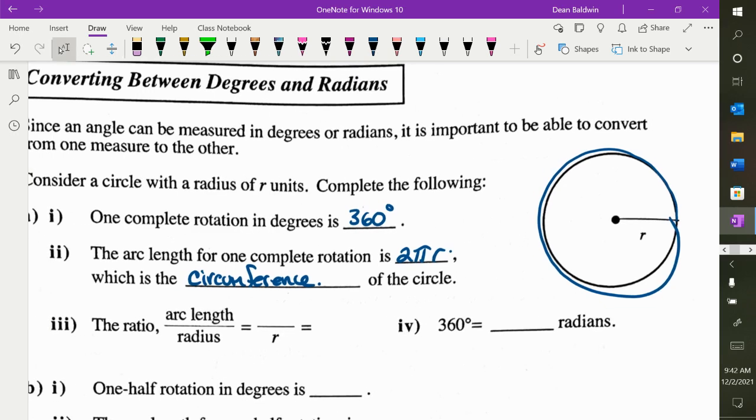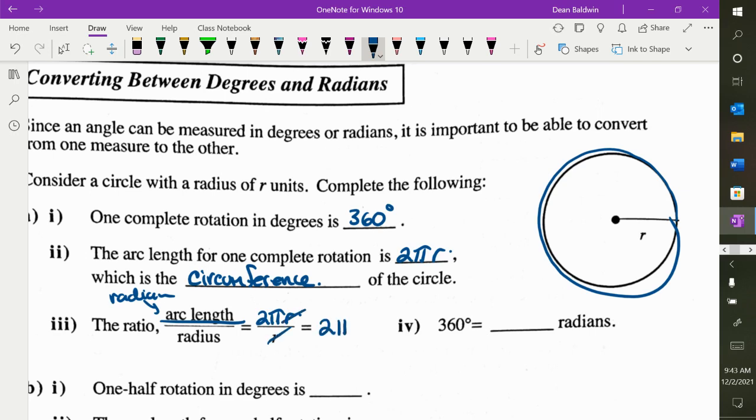We know that a radian is the arc length divided by the radius. If we're talking about going all the way around, right, the arc length is the circumference, which is 2 pi r, divided by the radius, which is r. What happens to the r's?